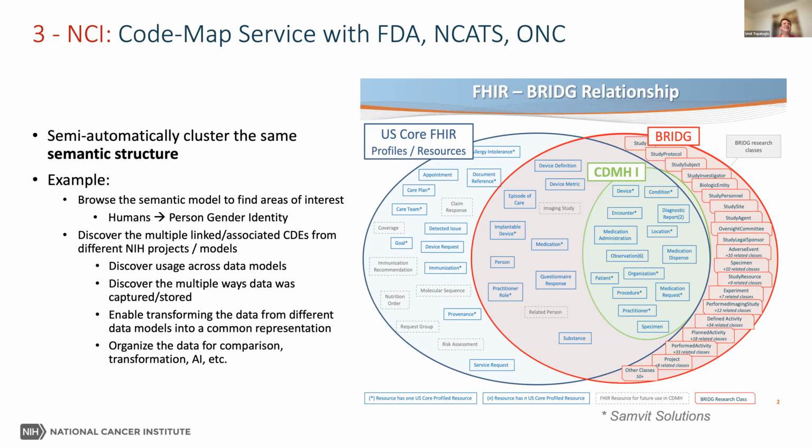Rabinat? Yeah, thanks, Umit. So as Umit was saying, the NCI is participating in the next phase of work for the Common Data Model Harmonization Initiative. The diagram on the right is from the initial version, which was using Bridge as a hub. But this work is really helping to facilitate the mappings and transformations between a variety of different ways of representing the data.